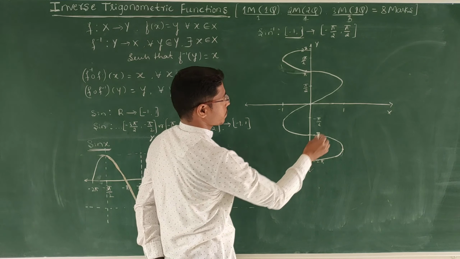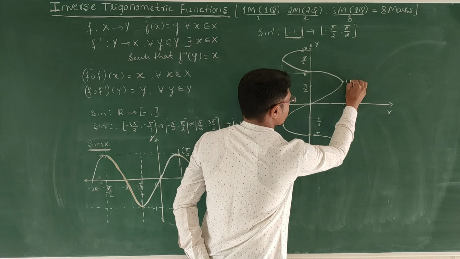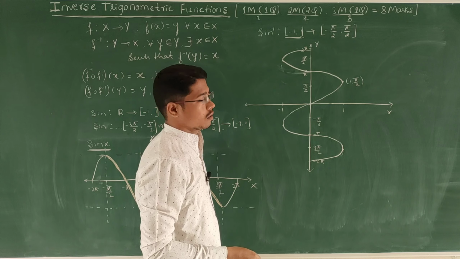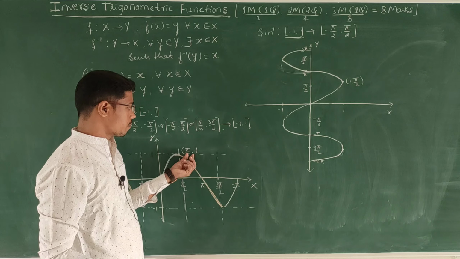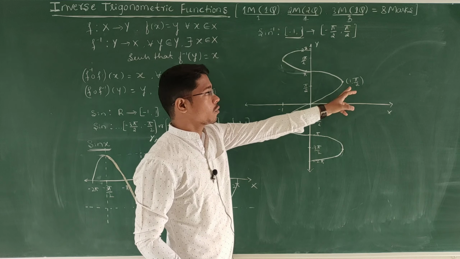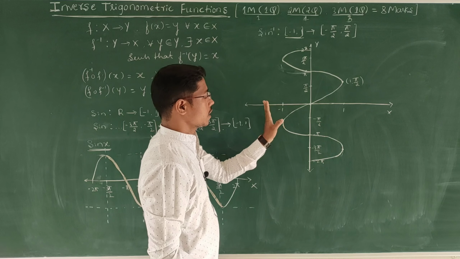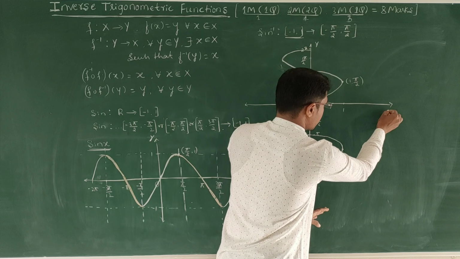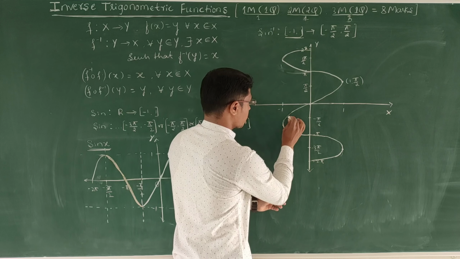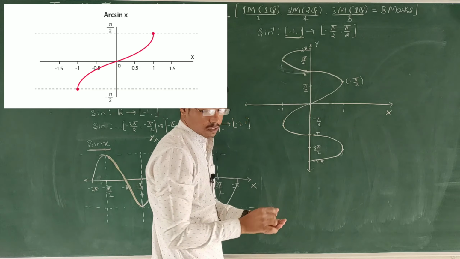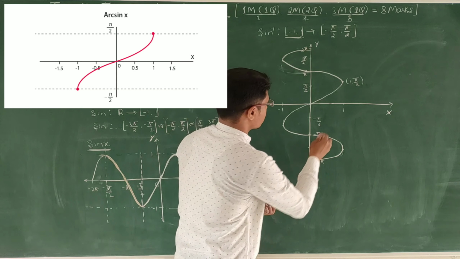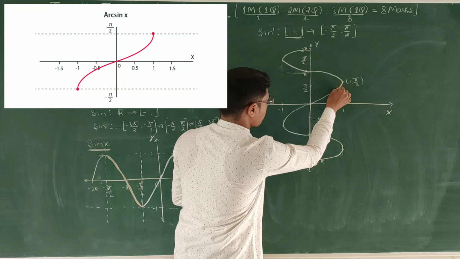So see here now, this point is 1 comma pi by 2. This is the ordered pair pi by 2 comma 1. In reverse, if I take the inverse, it will become 1 comma pi by 2. This is the graph of the sine inverse function. So in this, I will take the region from here to here.